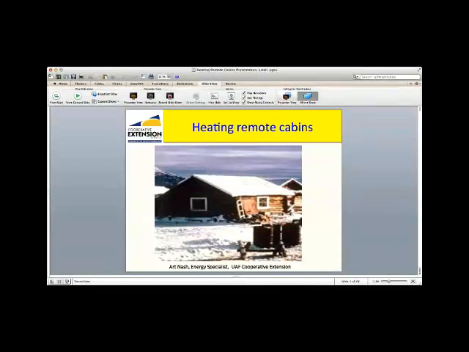So without further ado, that's again an interior cabin that would be typical. Yours, though, might be built with studs. And we'll be talking about some types of heating units today for water, food, or for space heat that, for the most part, it doesn't matter whether you've got horizontal logs or vertical studs.